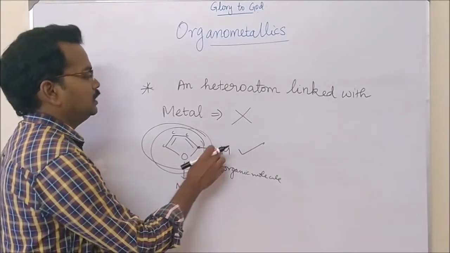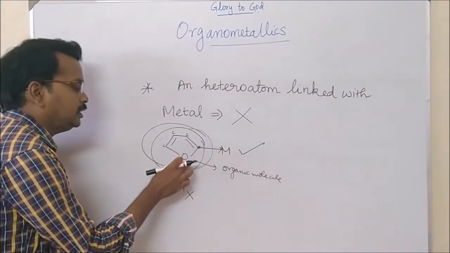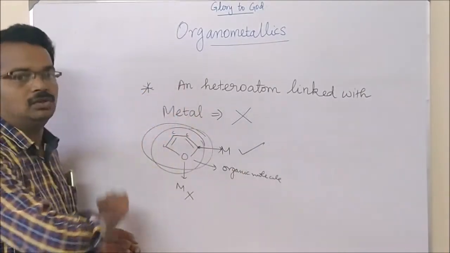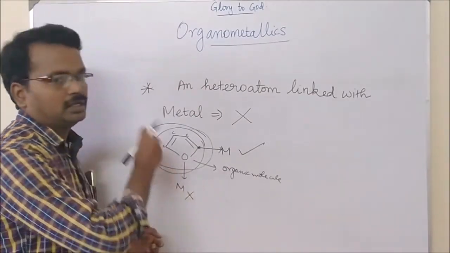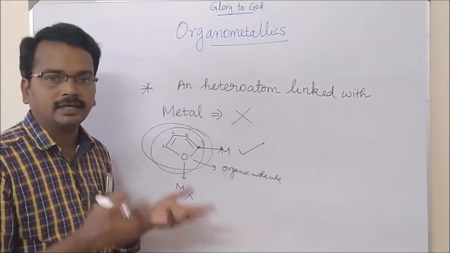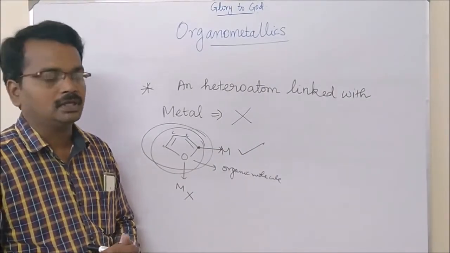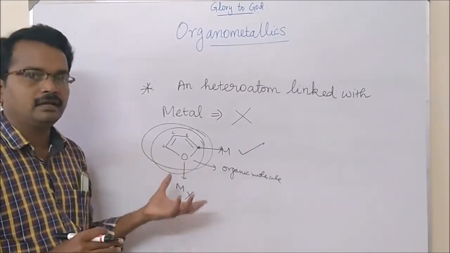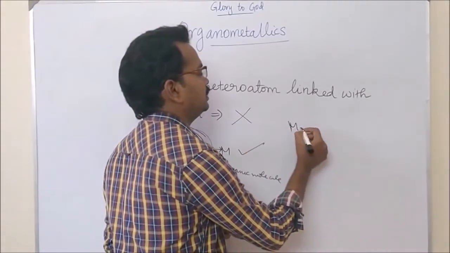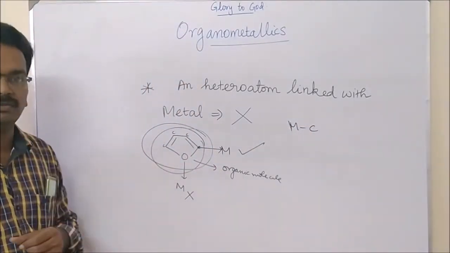Therefore, if the metal is making a bond with any heteroatom other than carbon, even though the entire molecule is an organic molecule, it cannot be considered an organometallic compound. Then which compounds can be considered organometallic compounds, other than this metal-carbon criterion?